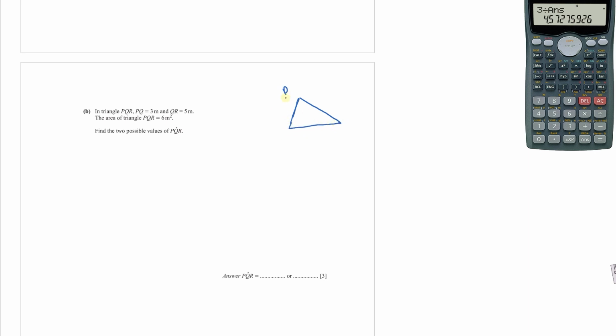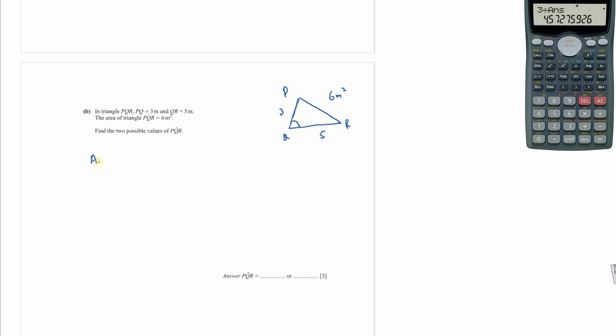This is P, this is Q. PQ is 3 and QR is 5 and the area is 6 meter square. So this angle PQR is unknown. I know the lengths of the two sides that make the angle.